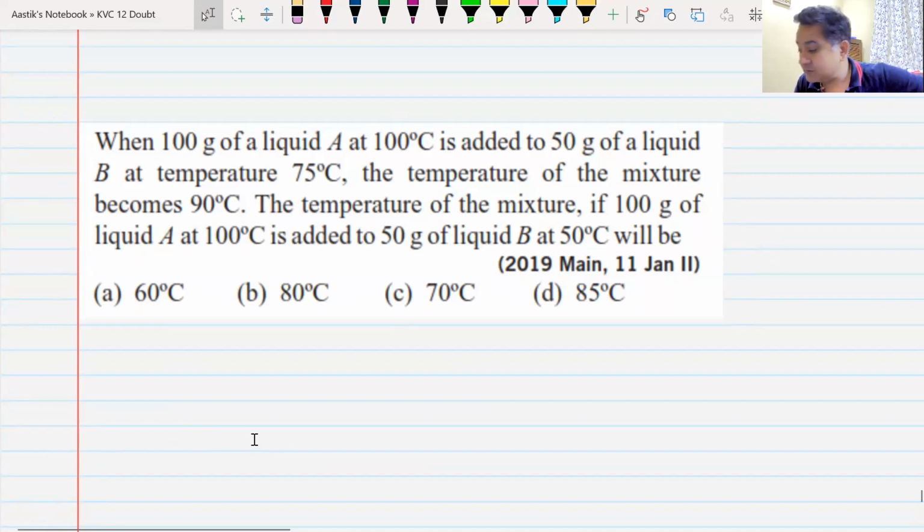So this is again from the same topic, same year, different session. 100 gram of liquid A at 100 degrees Celsius is added to 50 grams of liquid B at 75 degrees Celsius. The temperature of the mixture is 90. What will be the temperature of the mixture if 100 gram of liquid A at 100 degrees Celsius is added to 50 gram of liquid B at 50 degrees Celsius?